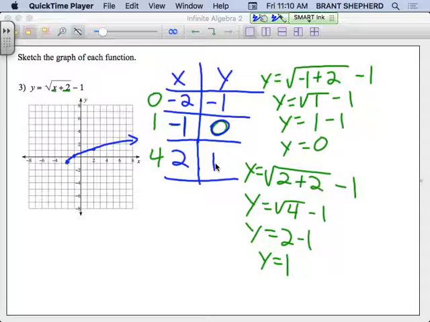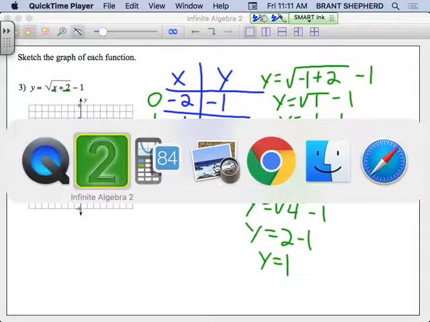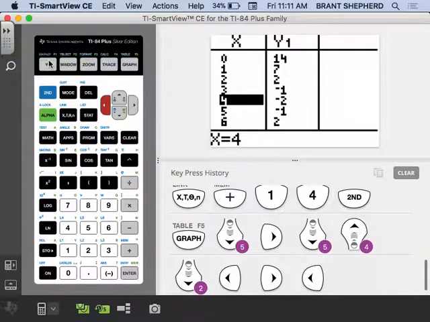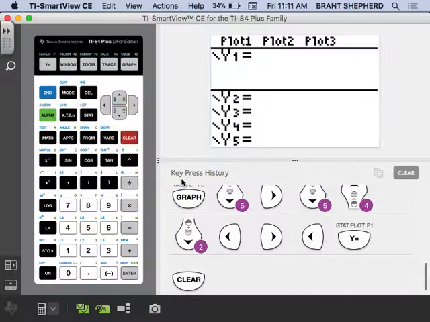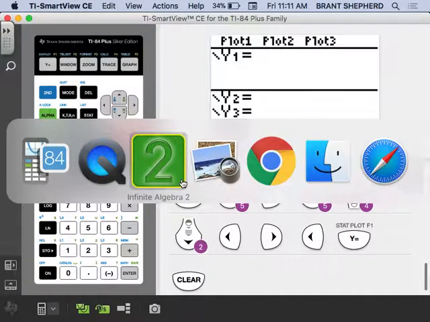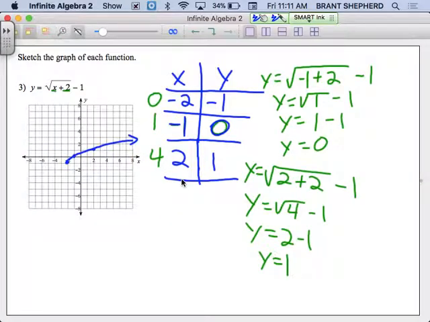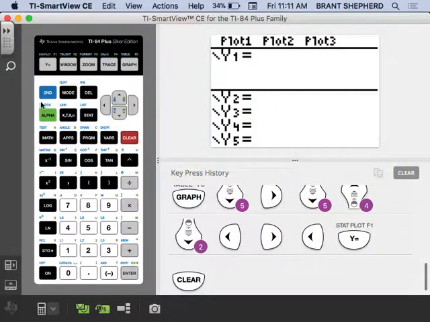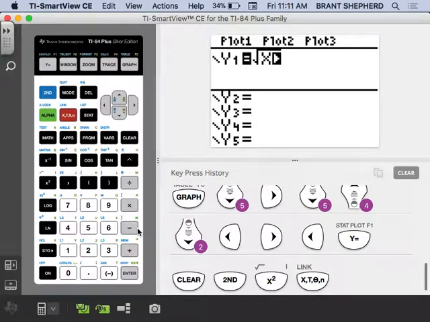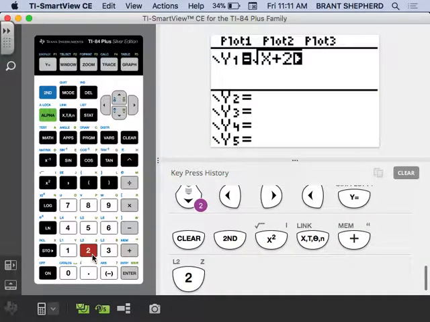If you want to use the calculator for this, you can. We can just go to our calculator, go to y equals, and clear out what's there. Square root of x plus 2 minus 1. So second, square root x plus 2.